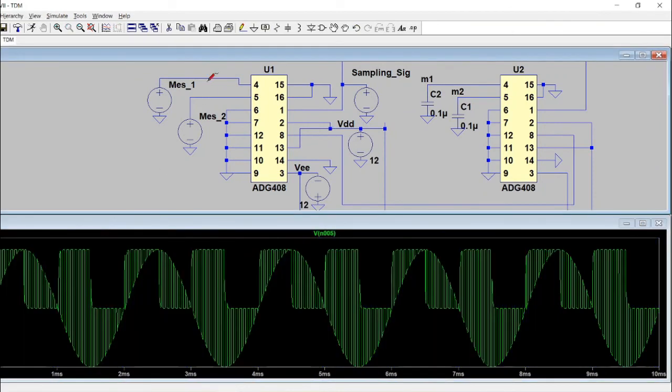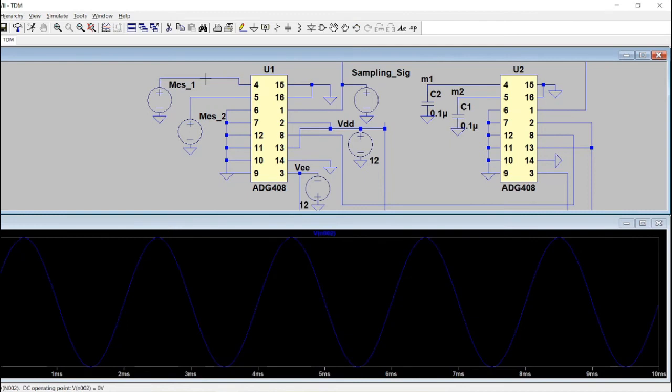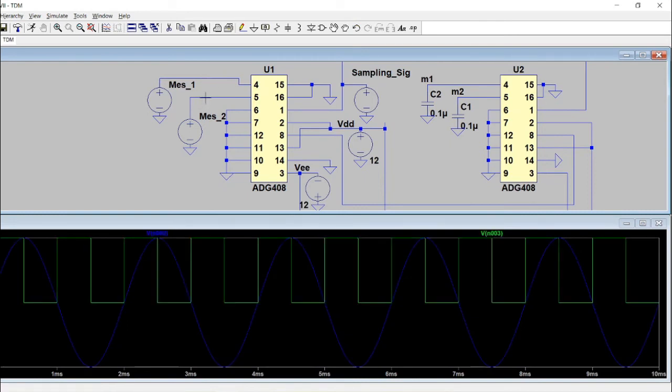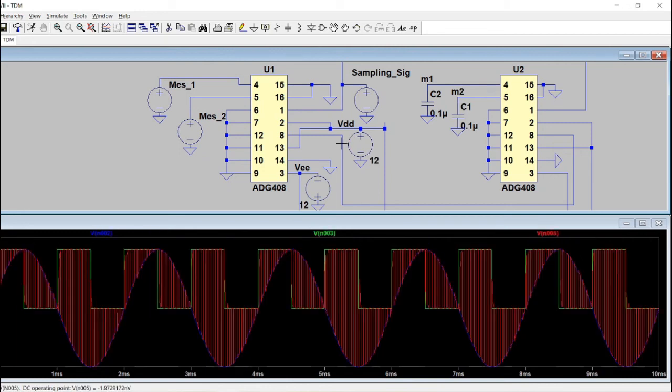You can see both message 1 and message 2 are multiplexed onto a single channel. Okay, likewise, if you give 8 different message signals into these pins, you will get all the 8 multiplexed.